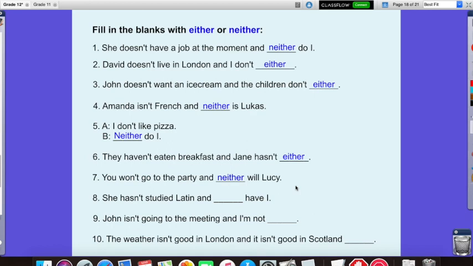Next one. The answer is, she hasn't studied Latin and neither have I. Number 9.